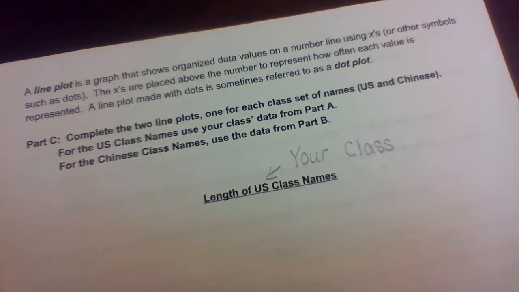So for this investigation, part C is asking you to make two line plots. The first one with your class names and the second one with the data from the Chinese name lengths that were given to you.